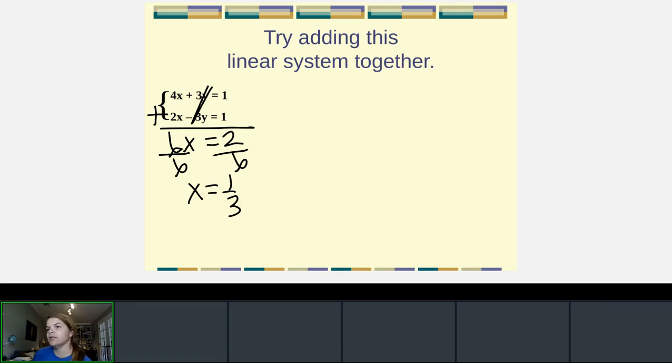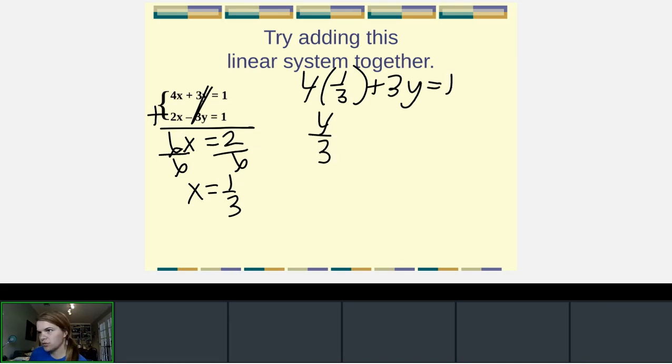Alrighty, so now I'm going to go back through and plug in 1/3 for x. So I would get 4 times 1/3 plus 3y equals 1. So this would be 4/3 plus 3y equals 1. I'm going to subtract 4/3.